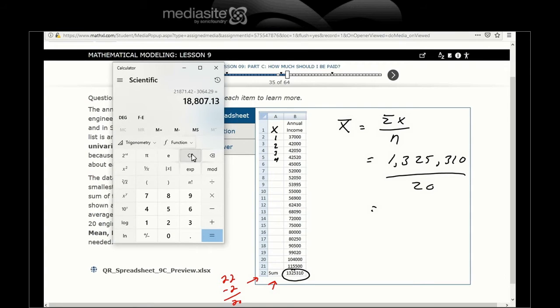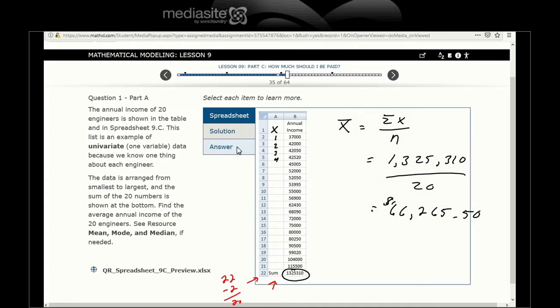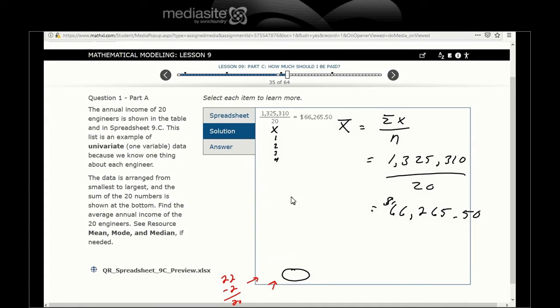So 1,325,310 divided by 20 is 66,265.50. Add them up, divide by 20, 66,265.50.